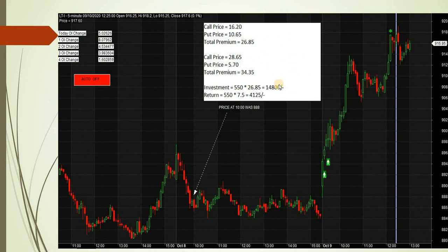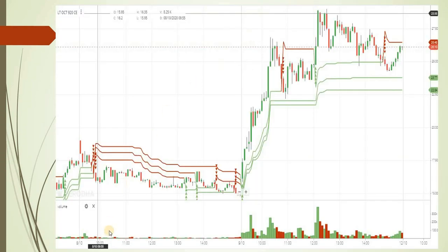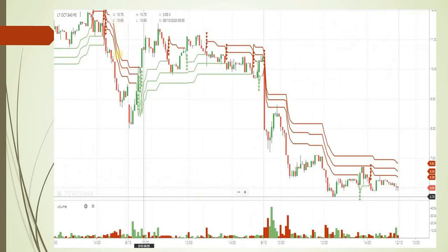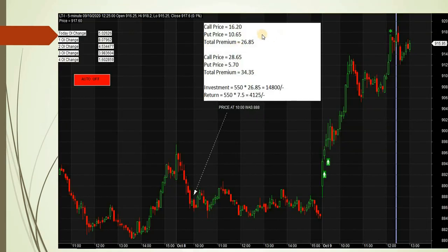Here you can see 8th of October at 9:55, which is the closing price of the 10 a.m. candle, the 920 call price was 16.2, and at the same time the 840 put price was 10.65. So I put both prices here, call price 16.2, put 10.65, which in total comes to 26.85.